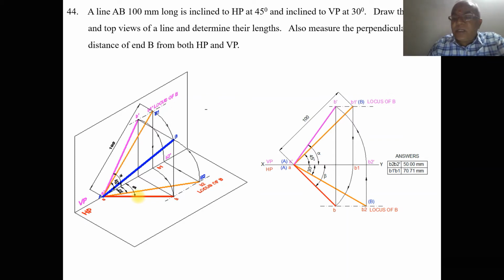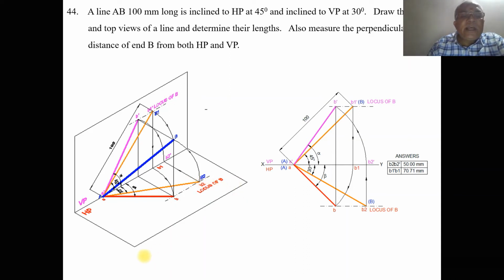Similarly, now we need to consider the front view. To find out the front view, we need to take the top view true length. Where is the top view true length? This is AB2. So we have the locus of B in the top view. So you have capital A and this is capital B2 because that is the true length line. Since it is the true length in HP, obviously the line has to be parallel to HP.